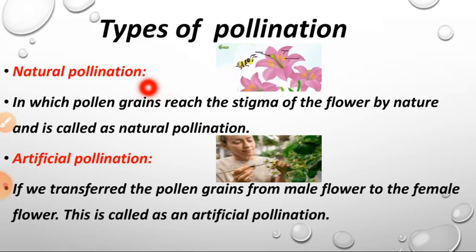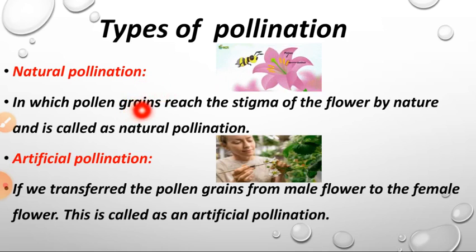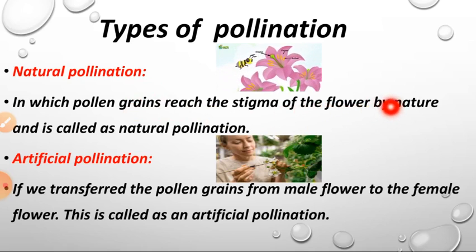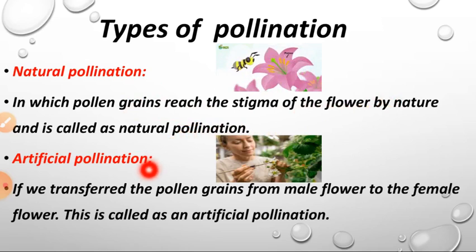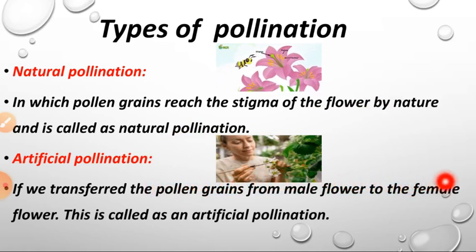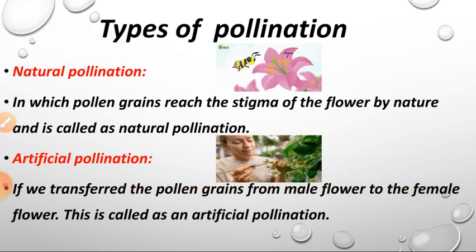These are the natural pollinators. Artificial pollination is when we transport the pollen grains from the male flower to the stigma of the female flower.